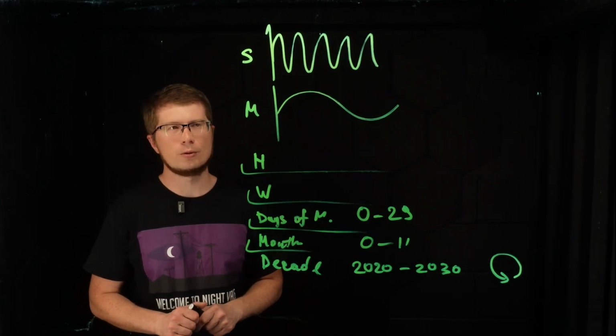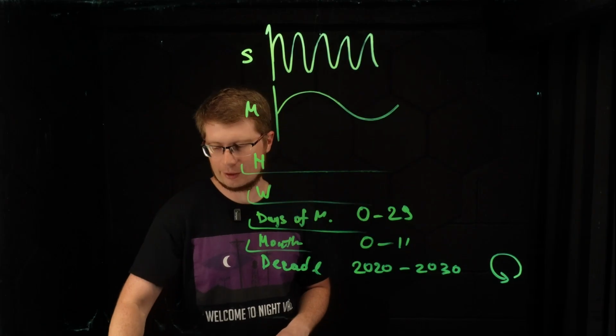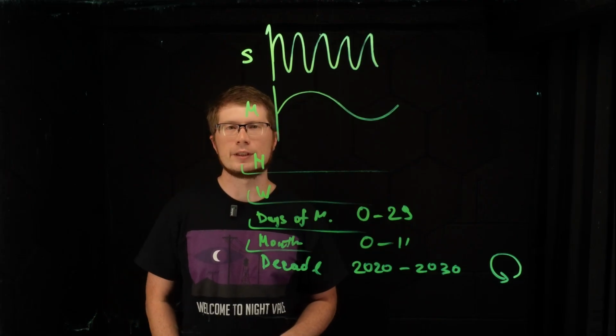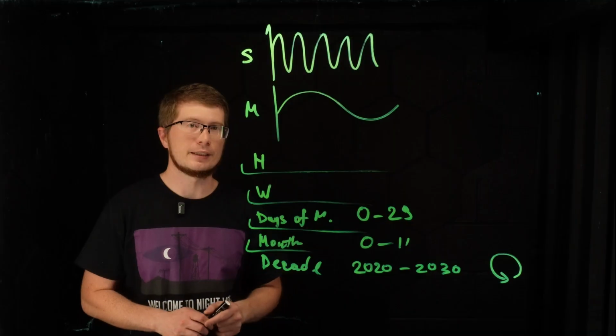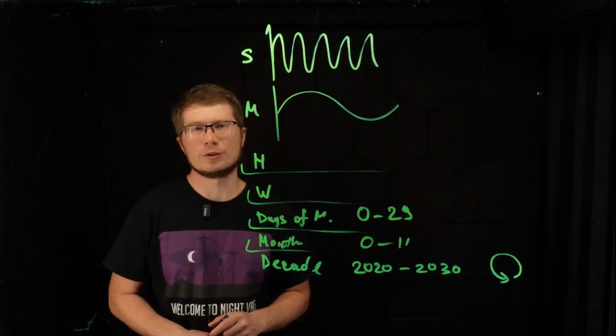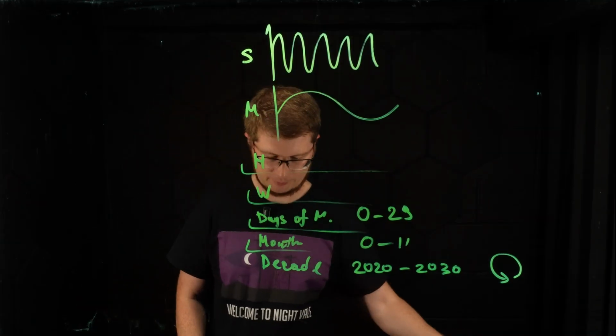And there is also one very interesting application of cyclic encoding for time and dates: we can directly use them as inputs for a transformer layer. Let me show you.